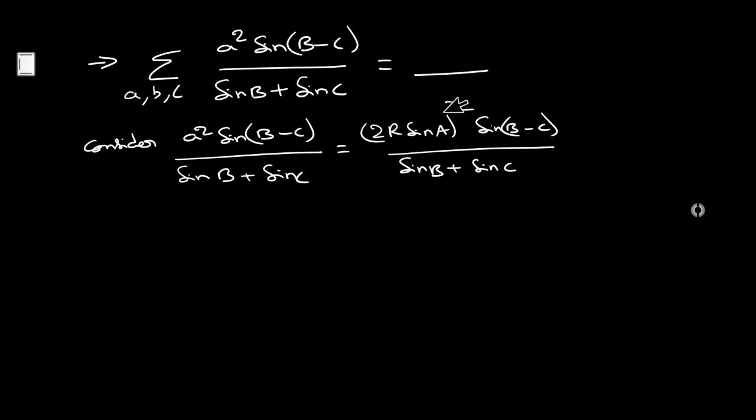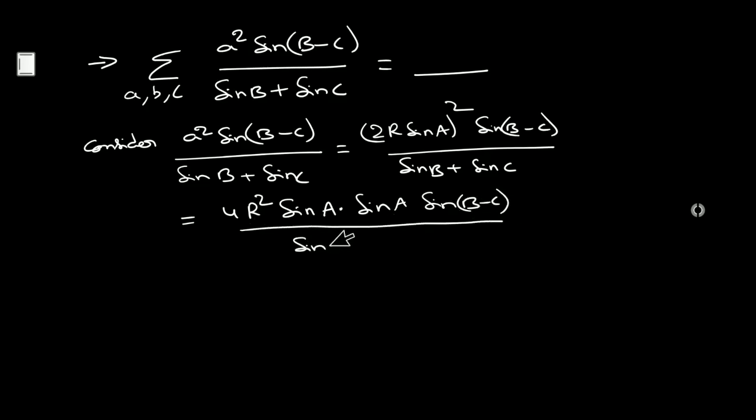Now if you apply the whole square, it becomes 4r square, and sine square a can be written as sine a into sine a, into sine(b minus c) divided by (sine b plus sine c). In the next step, a means 180 minus (b plus c).